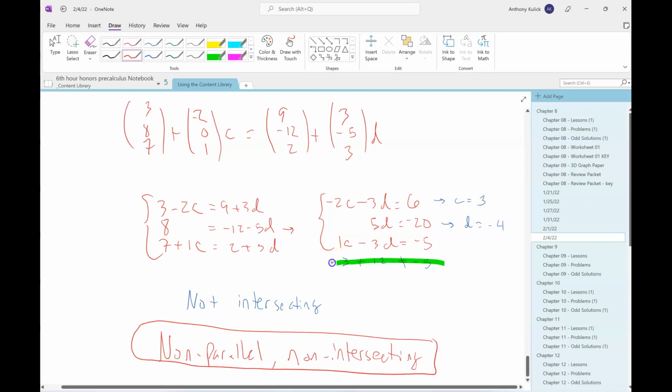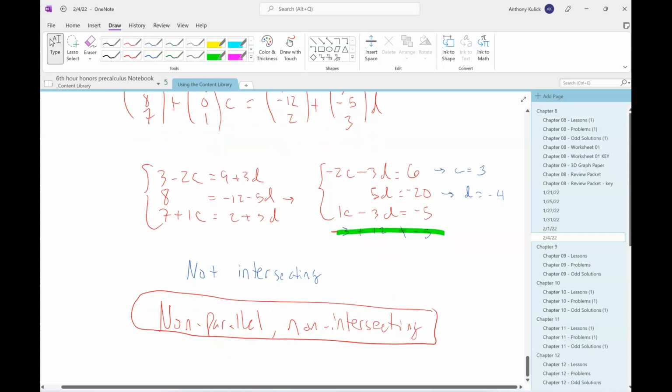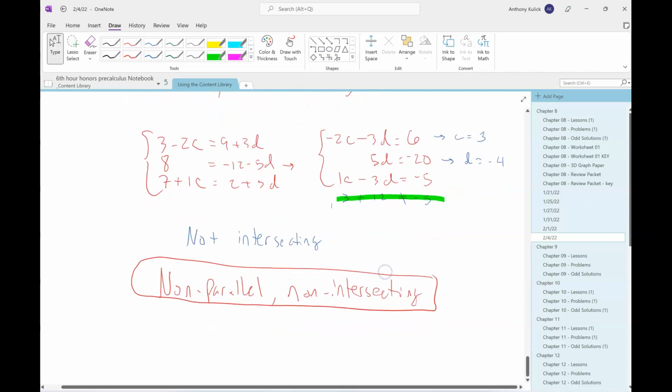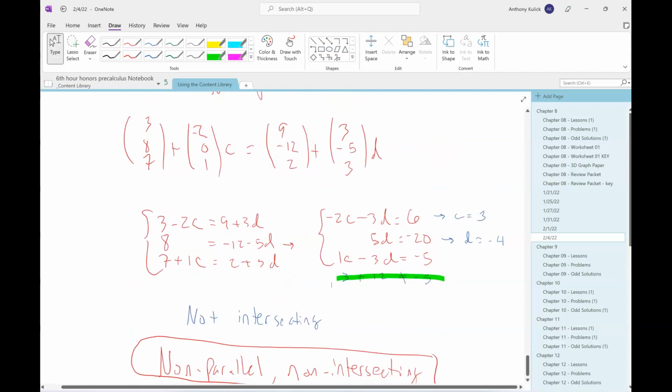Okay. But still, it doesn't work. I think I just copied the negative sign in there wrong, but I put the positives in there everywhere else. Anyways.